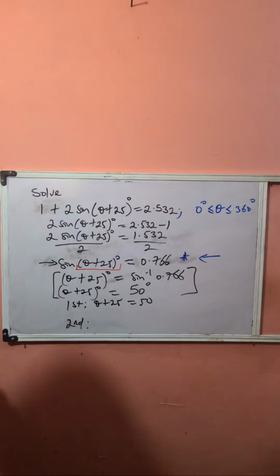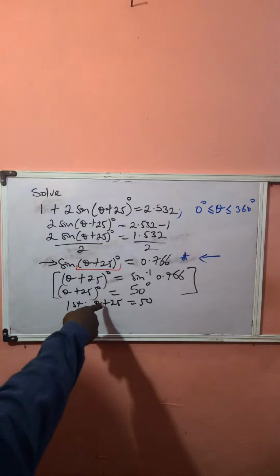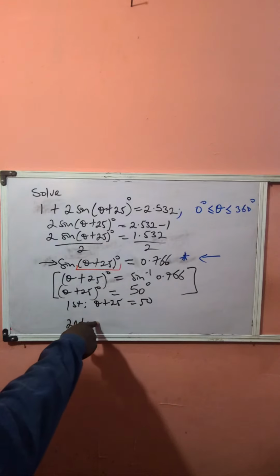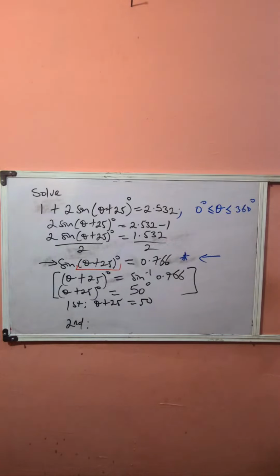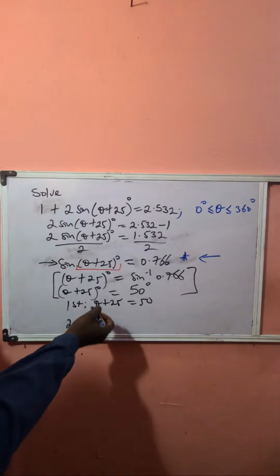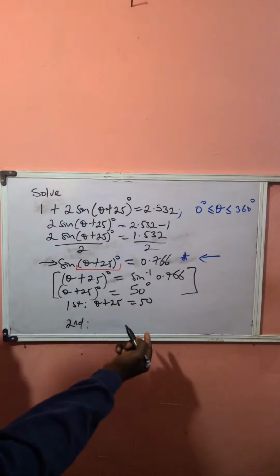Now, while you are dealing with what you have here, don't forget that if it was the second quadrant, the rule for the second quadrant is 180 minus theta.